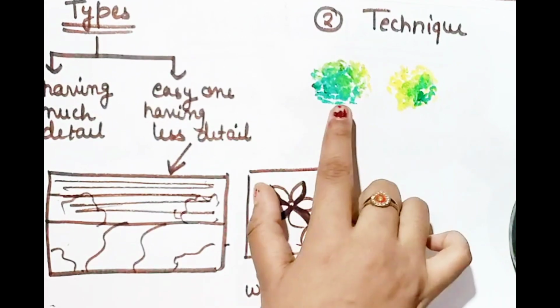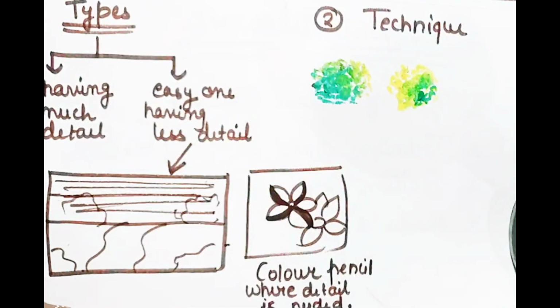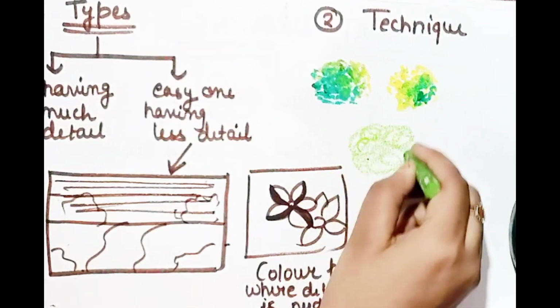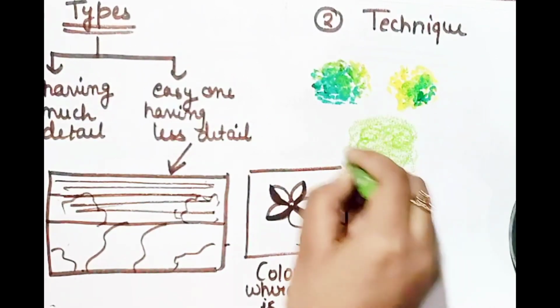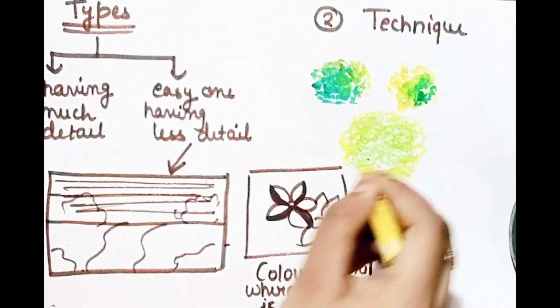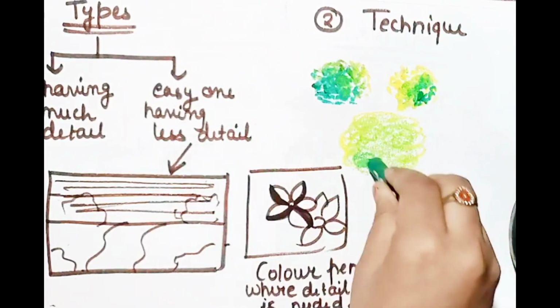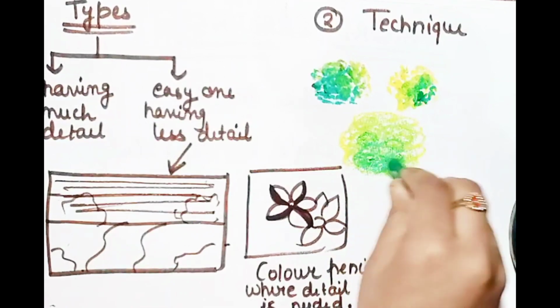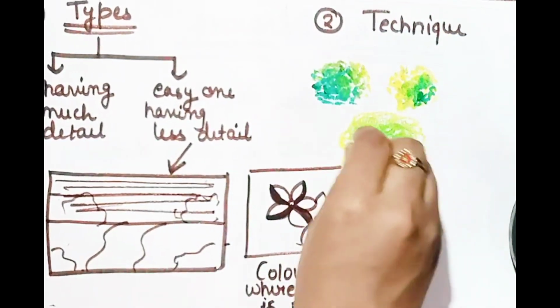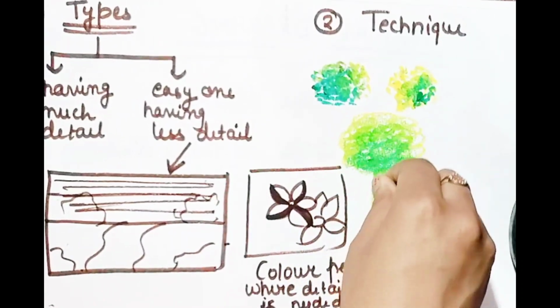The first one is the dot technique. Here, as I've explained before, I will not explain it again, but I would definitely tell you that both of these dots have differences. One I started with a darker shade and the second I started with a lighter shade. So depending on the light, you have to work on those skills.